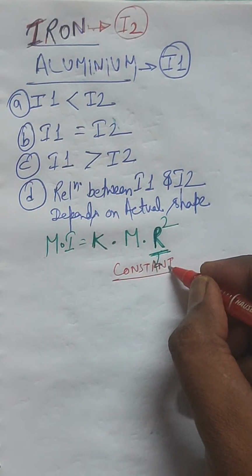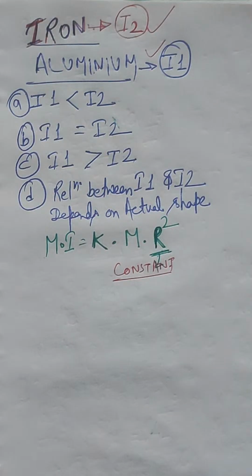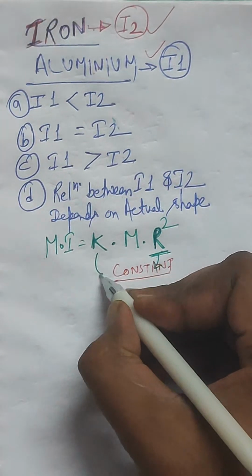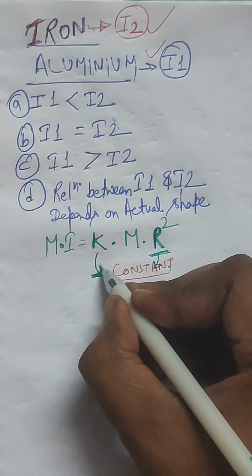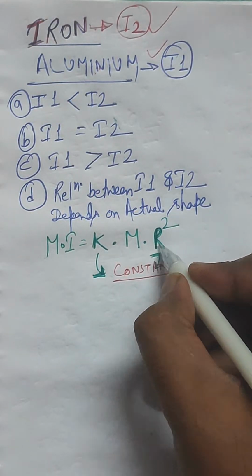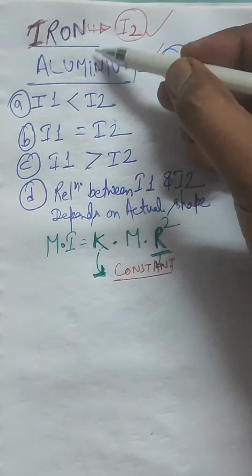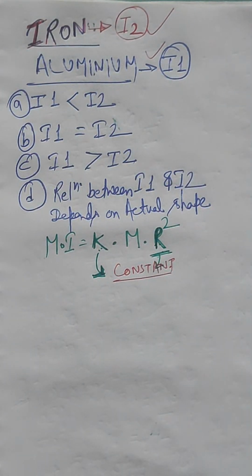Now k will also be a constant, because these two components will not vary in this specific case where iron and aluminium are given to you.